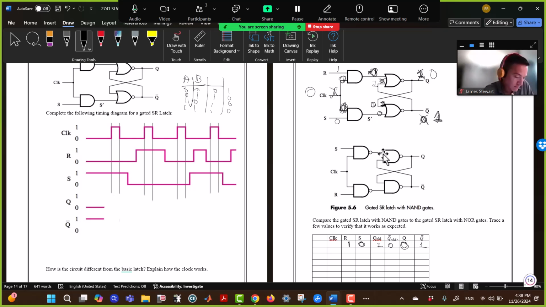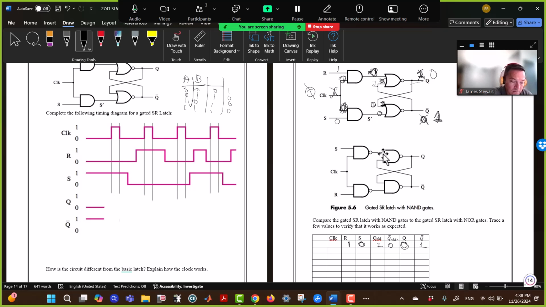So now I have a 0 here and a 0 here, and a 0 NOR 0 is a 1, 0 NOR 1 is a 0, and so nothing changed. Nothing was supposed to change if the clock was 0, and in fact nothing did change.